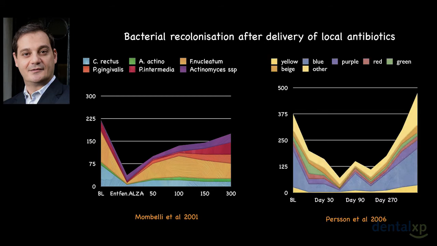And again, Persson in 2006 found the same thing, that if you put local antibiotic, it will drop, but the bacterial load goes back to the initial stage where we started. So again, just adjunctive local antibiotic therapy with curettes in peri-implantitis is not going to lead to resolution of the problem because we are not able to decontaminate the surface of the implant.